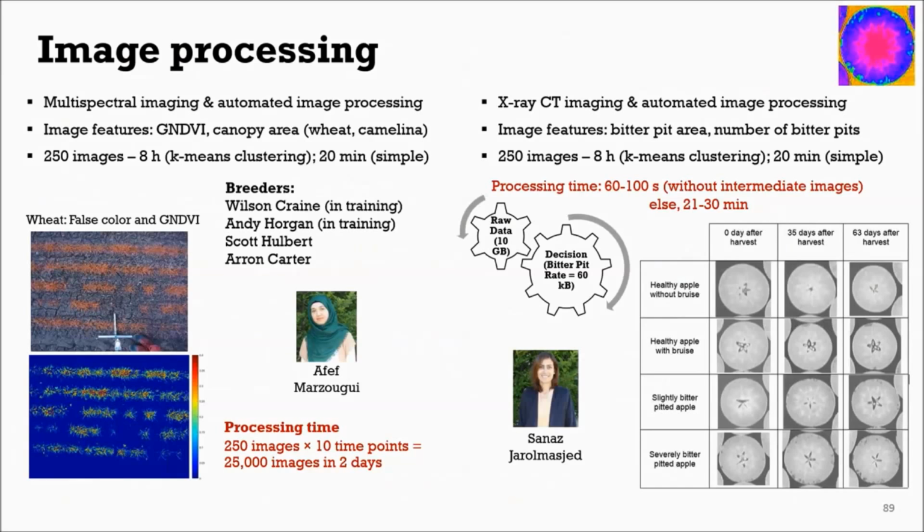We are able to process all the X-ray CT data, which is much bigger. And of course, I say without intermediate images, one thing that we learn as a technologist or a data scientist is as you process the images, it's always better to once in a while check, is my algorithm correct?